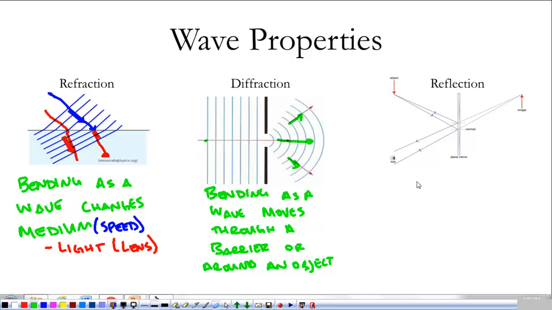And then reflection, well, for sound that's an echo, and for light that's a reflection. There's no other way to put that. This is what happens with mirrors. It's the bouncing of a wave off of a barrier.